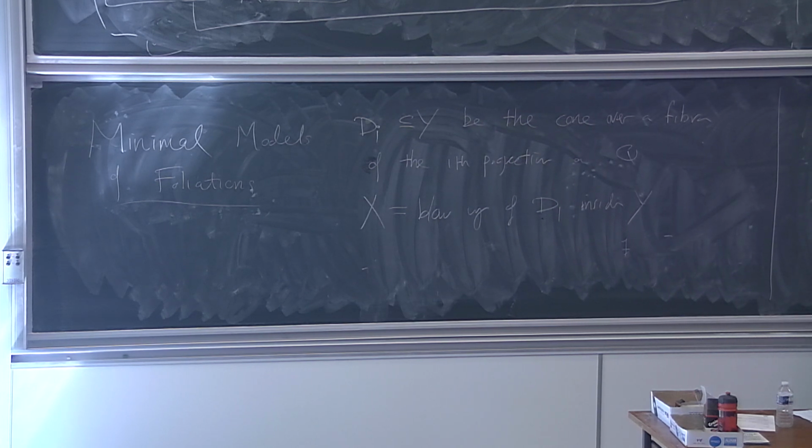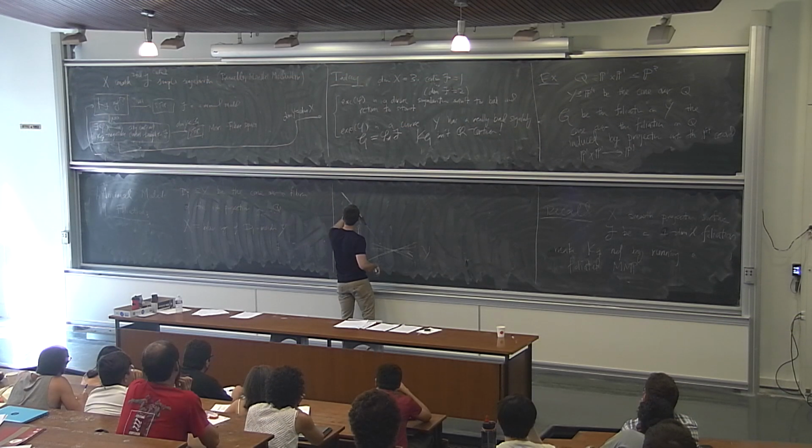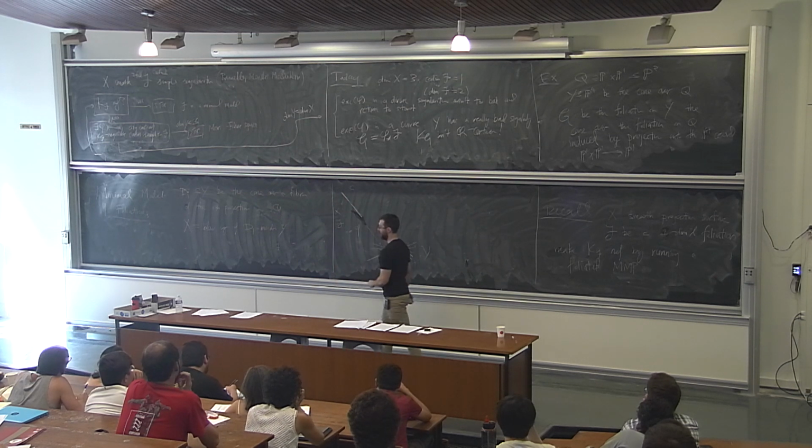So here's Y. Y is some cone with some foliation, and the foliation has a bunch of leaves, or the closures of leaves, going through the vertex. The blow-up X, we'll call it phi, is just going to extract a single rational curve. We'll call it C. So this is X. And let F be the transformed foliation.